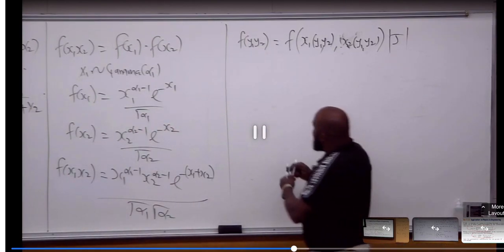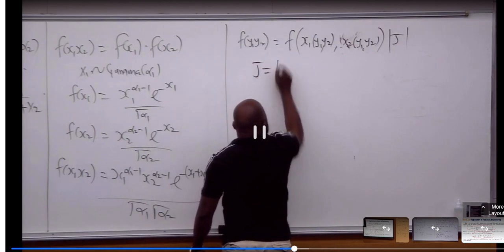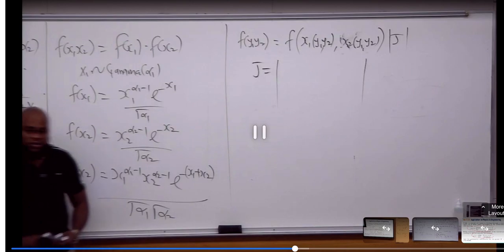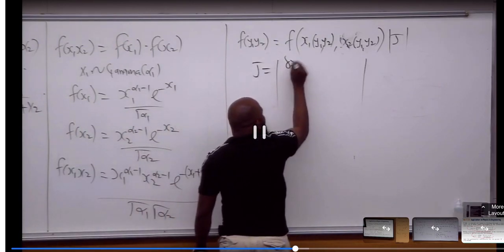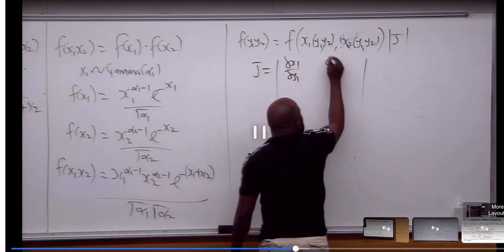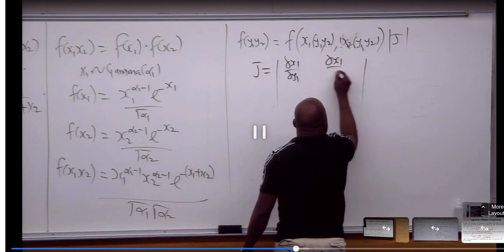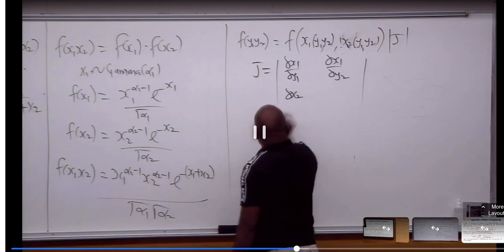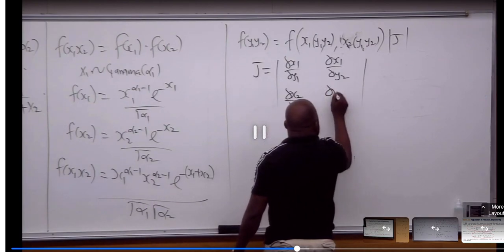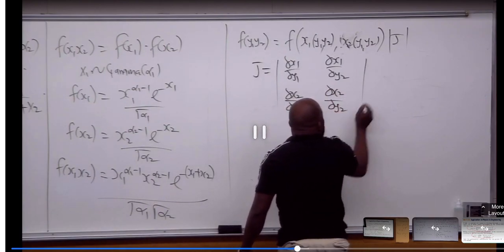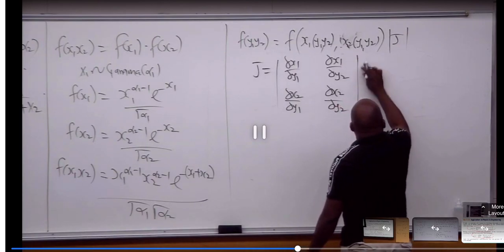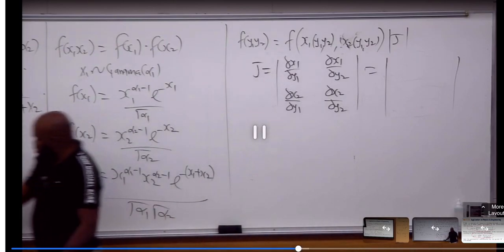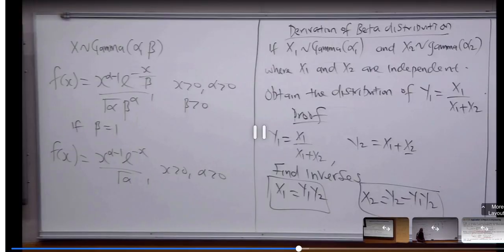Now, to set up my Jacobian matrix, the entries are the derivative of x1 with respect to y1, x1 with respect to y2, x2 with respect to y1, and x2 with respect to y2. The derivative of x1 with respect to y1 is y2.